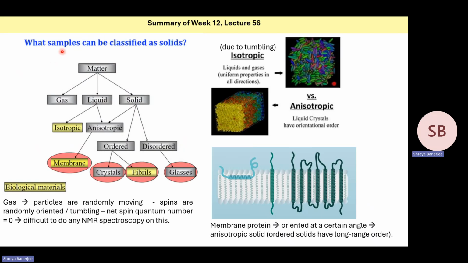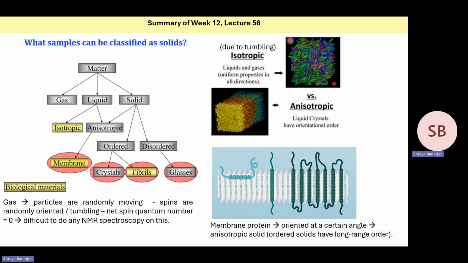So firstly, what samples can be classified as solids? A very basic thing is that matter is divided into solid, liquid, and gas. And liquid can be of two types, isotropic or anisotropic. Isotropic means that it is uniform in all directions. The NMR that we have studied so far has mostly been of this type.